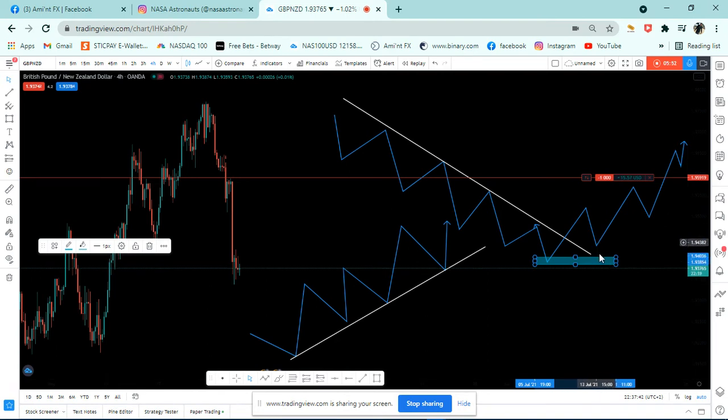But if it breaks the previous low, then just know that the breakout that we noted here wasn't a real one. It was just a fake breakout. Perhaps the banks were trying to trap some retail traders, right? So that's what happens.